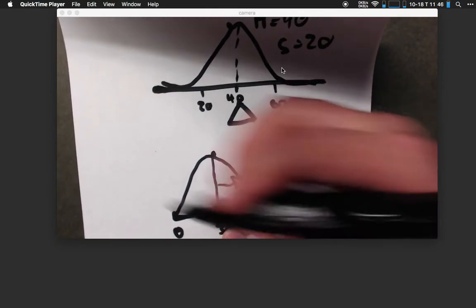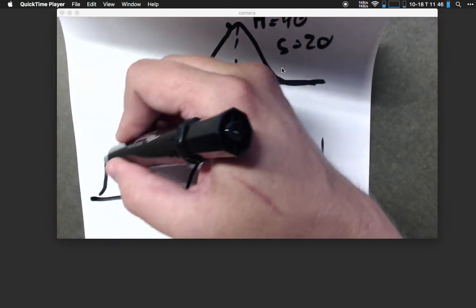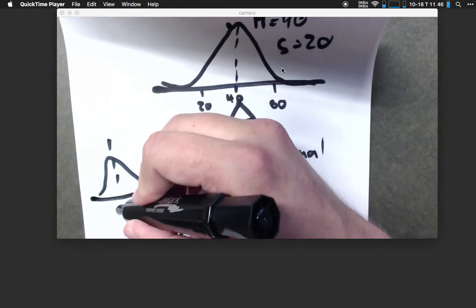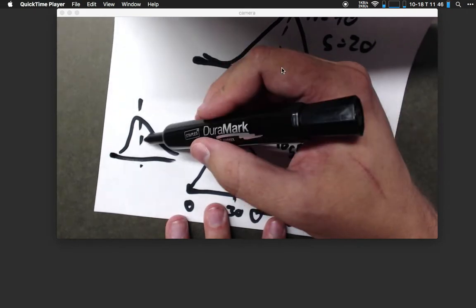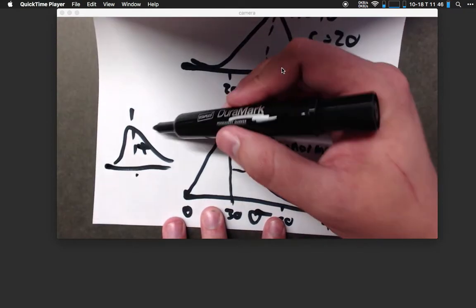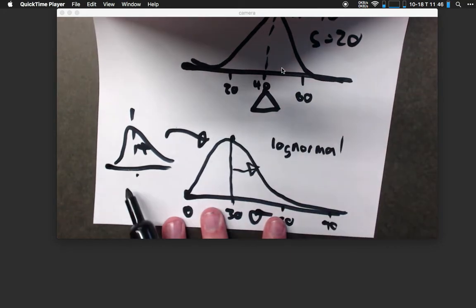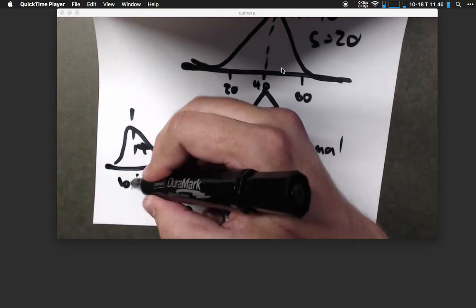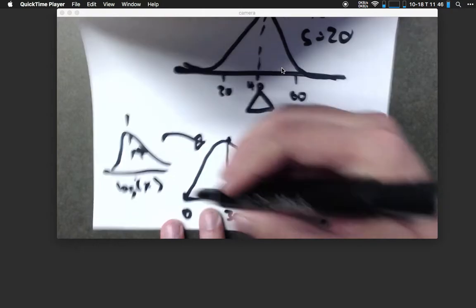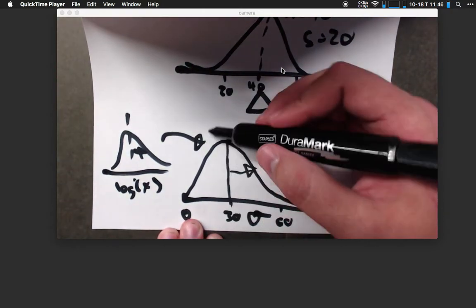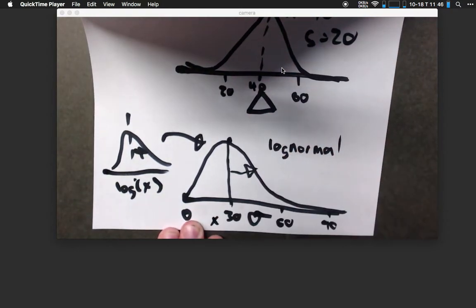So log normal is just a normal with some mean and some variability that's being translated from the log scale, log of x, to the regular scale where this scale is x.